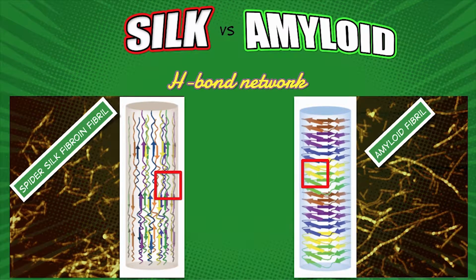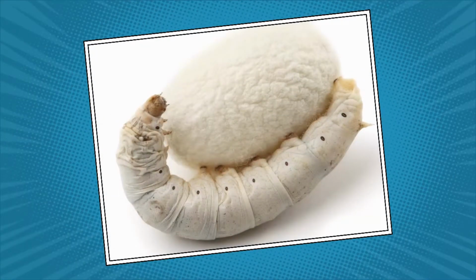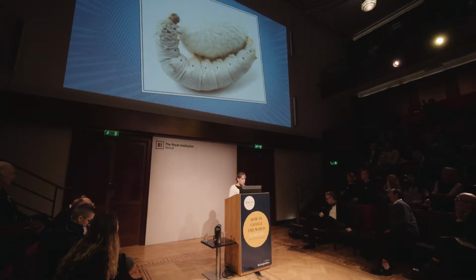Both of them are driven by hydrogen bond formation. However, we know little about amyloids, and we know a lot about silk. And apparently, being so similar to amyloids, silk is a quite popular material.